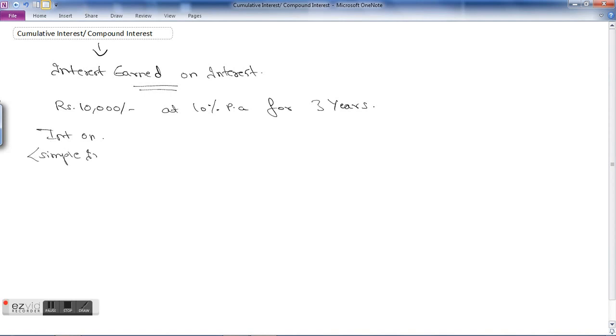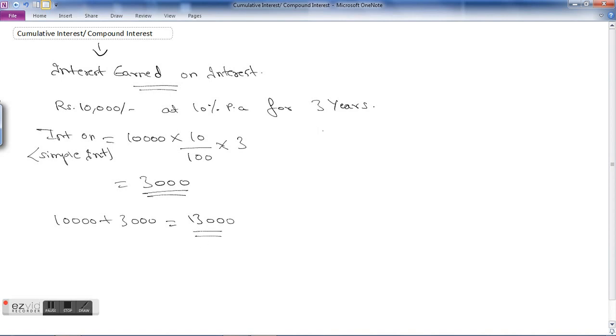Simple interest will be 10,000 into 10%, then divided by 100 into number of years, that is 3. So simple interest will be 3,000, and the amount that you will be receiving is 10,000 plus 3,000, that is 13,000.